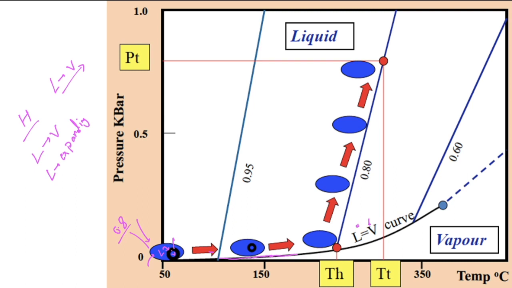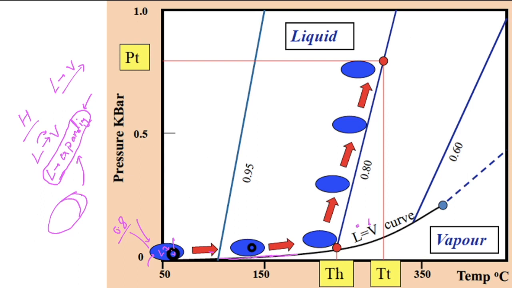Now the thing is, liquid is no doubt converting into vapor, but the expansion of the liquid has more weightage, right? That means expanding will be more than liquid converting into vapor. So it's a combination of these two effects. When you are heating, actually liquid expansion is more. So liquid in the inclusion is occupying more space, and therefore less space is available for the vapor.